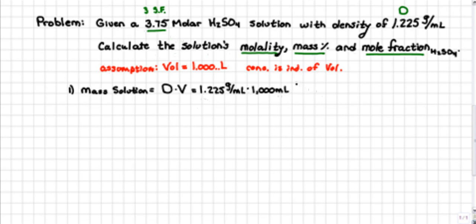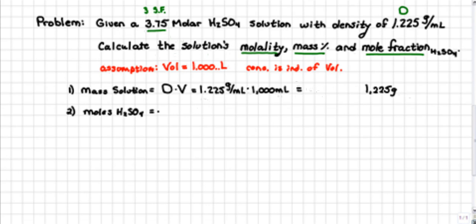Doing so gives me a mass of solution equal to 1,225 grams. This is the mass of the solution, and it's a number that we'll use a little later on. But there are 4 more steps to go. Step number 2, calculate the moles of sulfuric acid.